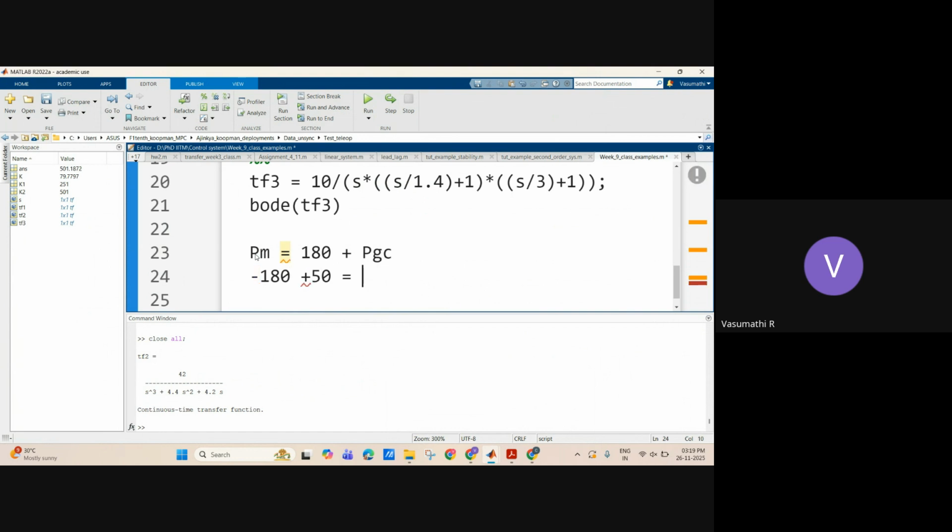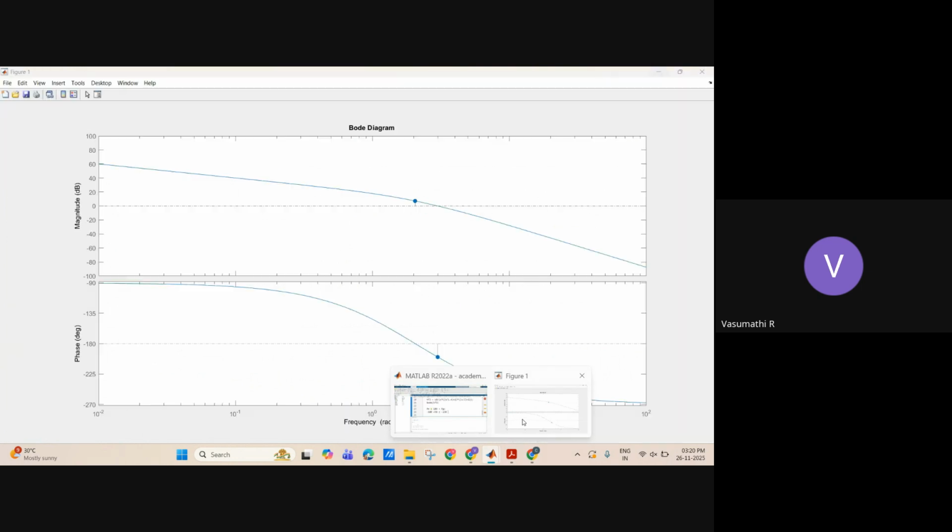It should be minus 130 degrees, that much compensation we have to do. A 130-degree difference we have to find. So the frequency we have to check is at this value, minus 130. We have to make some changes. So we will look at minus 130. It's here somewhere.